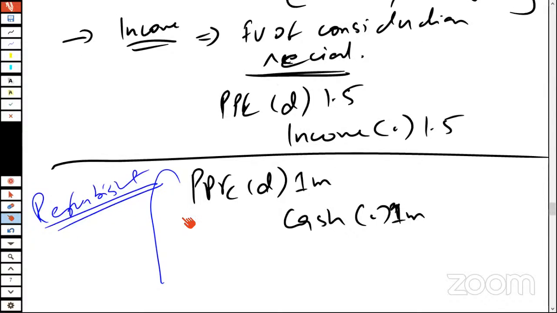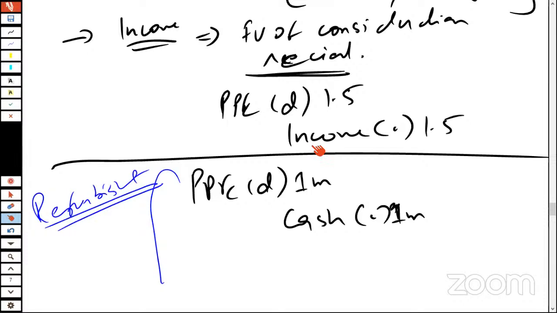Okay, now the refurbishment is going to be capitalized: PPE debit, cash credit 1 million. It's not under IAS 16 that we have booked it. Although the PPE is IAS 16, we did not originally book it under IAS 16 criteria. We rather applied the income definition.